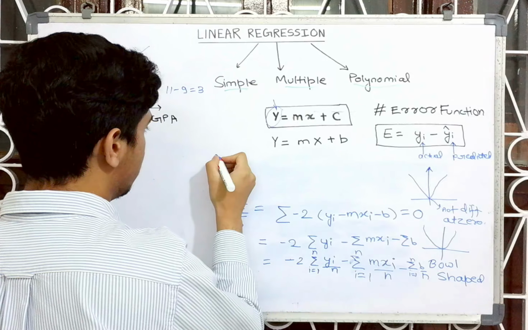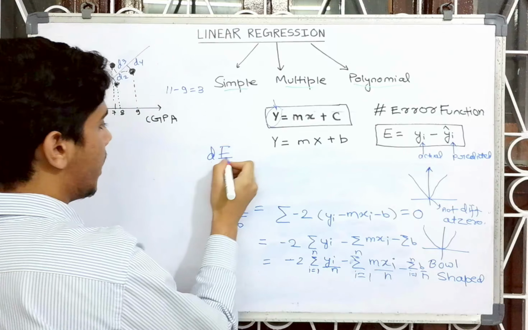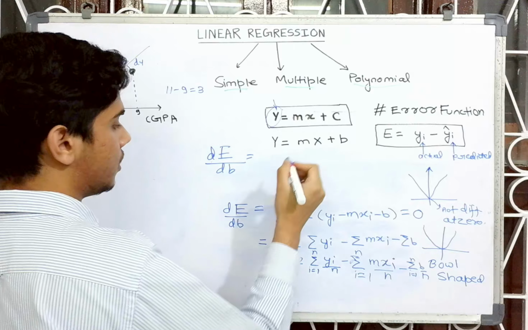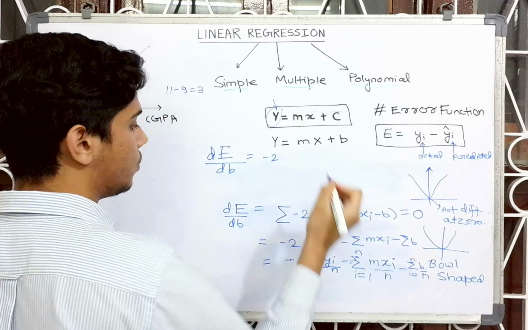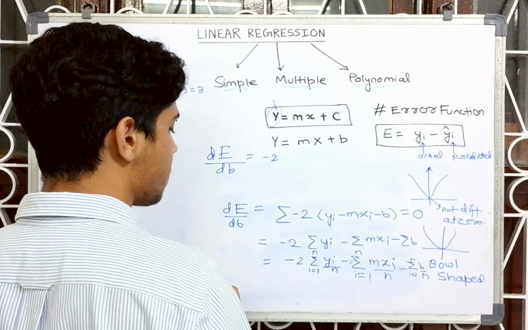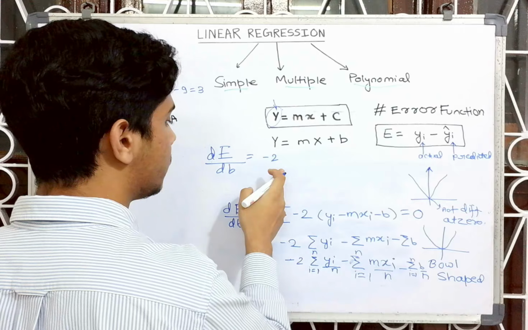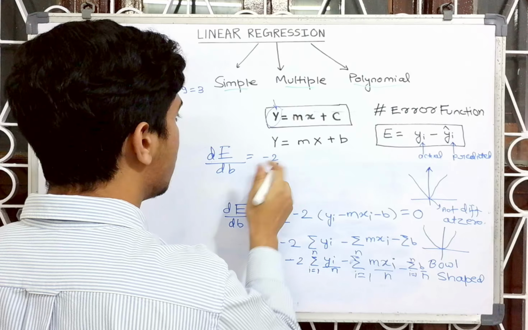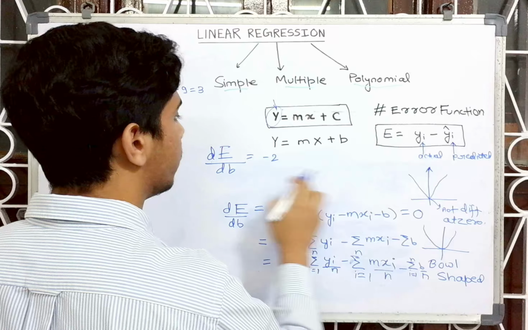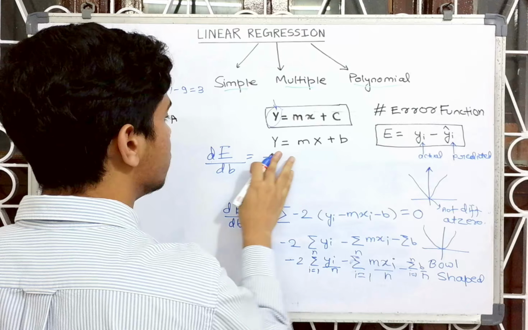This differentiation dE by db will give us -2. We can take this -2 to the 0 side, and if we divide it, it will become 0.